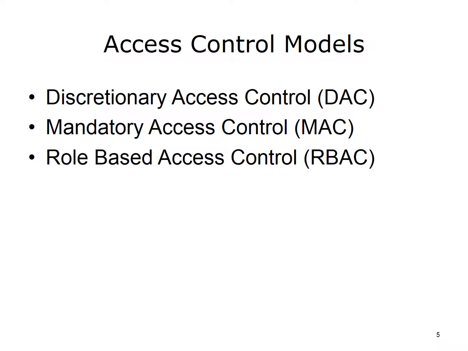Role-based access control, RBAC, is access based on the role a person plays in an organization. Access is given to a particular role inside of an organization, and then users are associated with those roles. They inherit the access from that role. For example, we might create a role of receptionist in a medical practice.